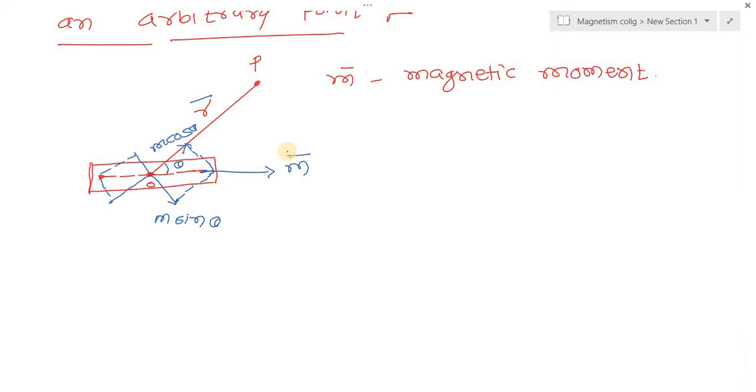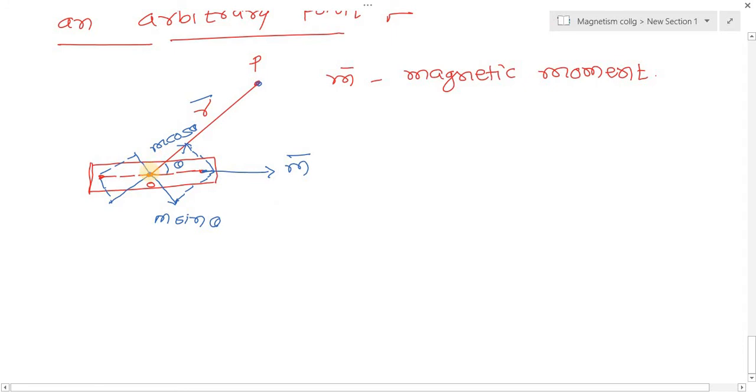For the component m cos theta along r bar, the point P is an axial point. Also for the component m sin theta perpendicular to r bar, the point P is an equatorial point at the same distance r bar.